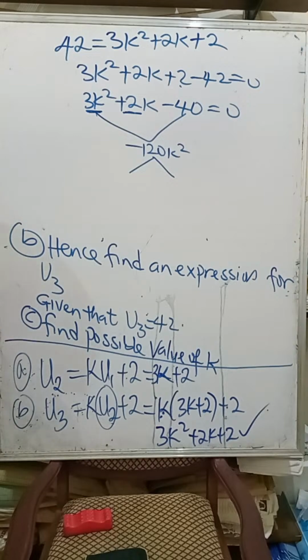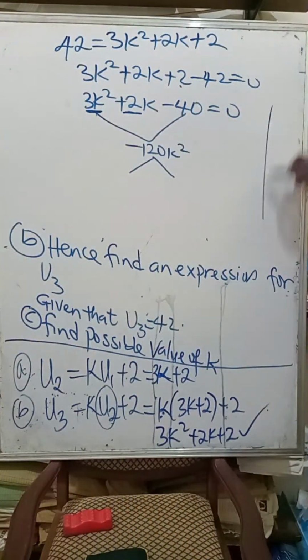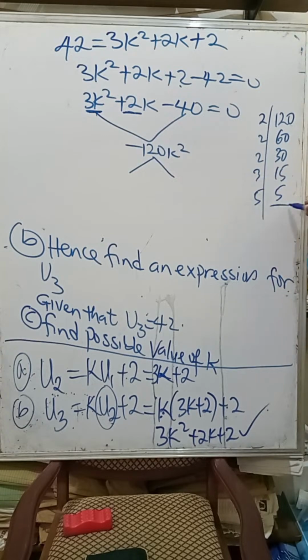So let's see the factors of 120. You can do something like this: 2 goes in 120, that's 60. 2 goes in 60, that's 30. 2 goes in 30, that's 15. 3 in 15, that's 5. 5 in 5, 1. So now pair these into 2 parts.